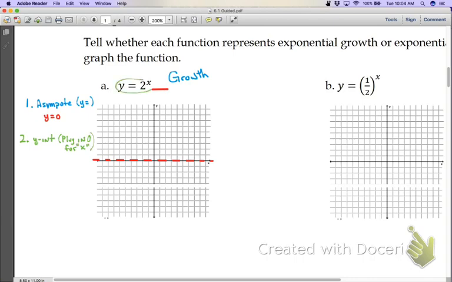If I plug in 0 to my equation, I'm going to have y equals 2 to the 0 power. Well, what is 2 to the 0 power? 1. Now go over to my graph and put a point at 1.